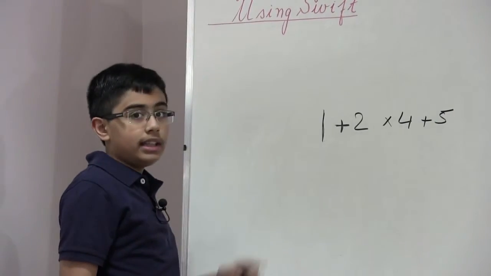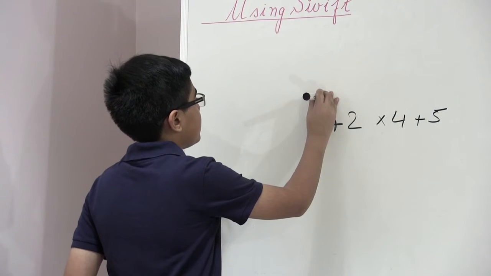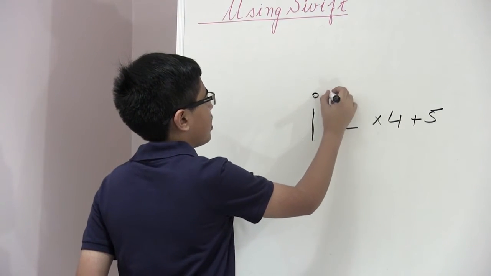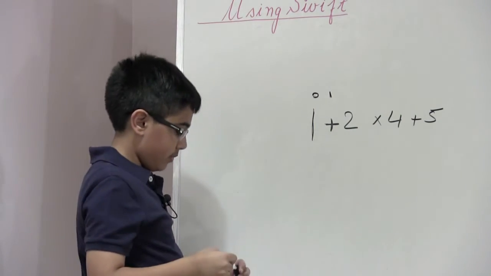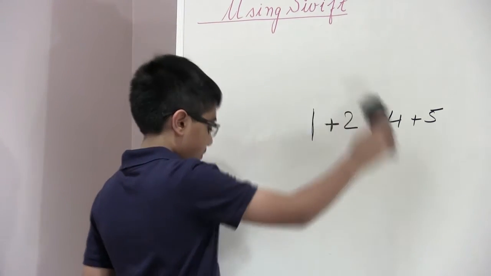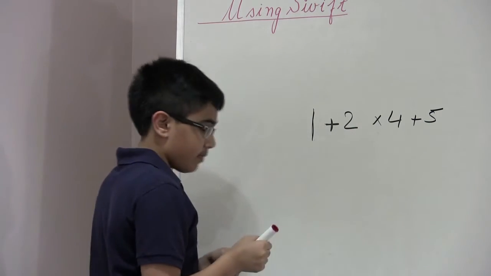Let's start solving this expression. First of all, let's number these characters. I'm going to write it in red, so you can clearly tell the distinct difference.